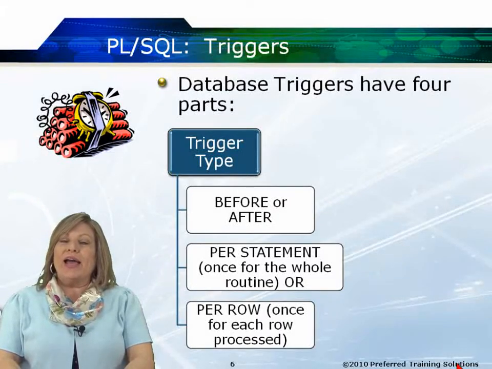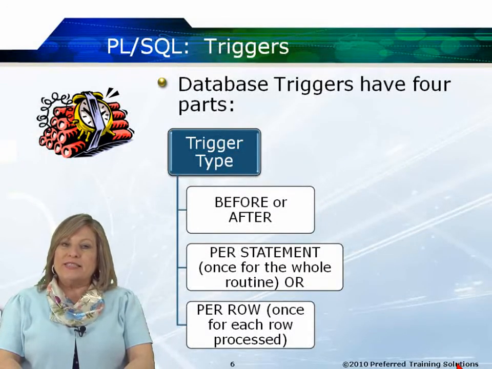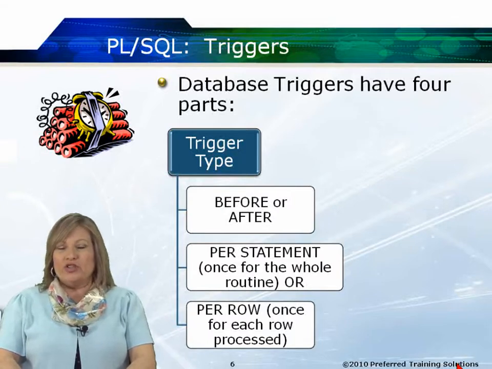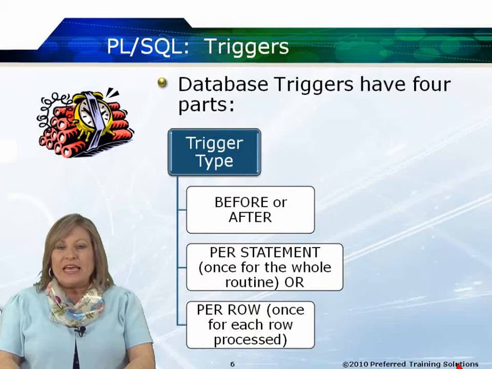Now, if I have a trigger that's a statement level trigger, and I issue the event update emp and change all the employee records where the department number equals 10, if I want my code to execute once on behalf of that statement, then I write what we call a statement level trigger.